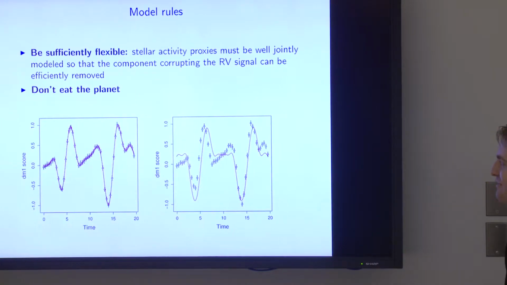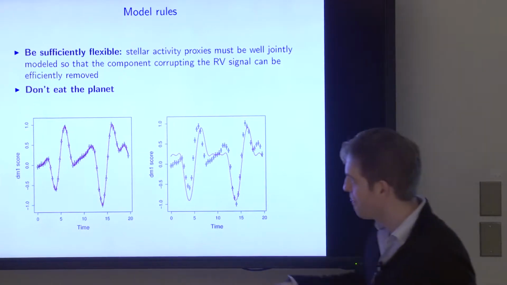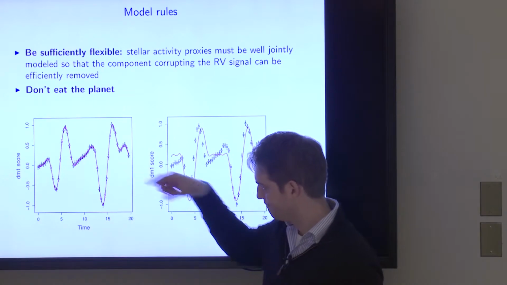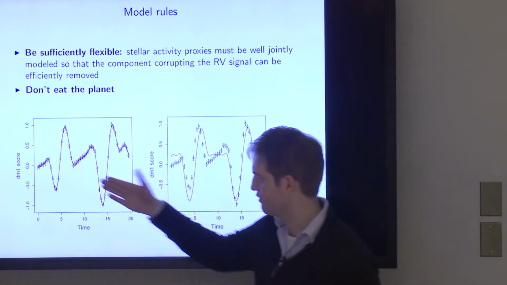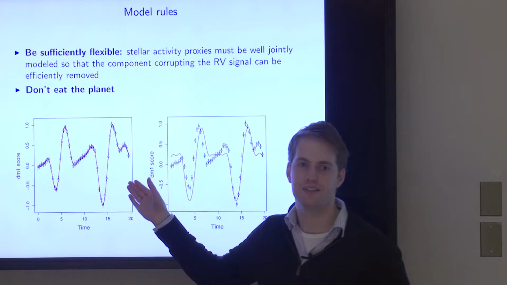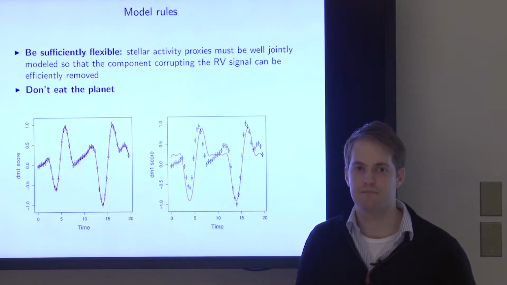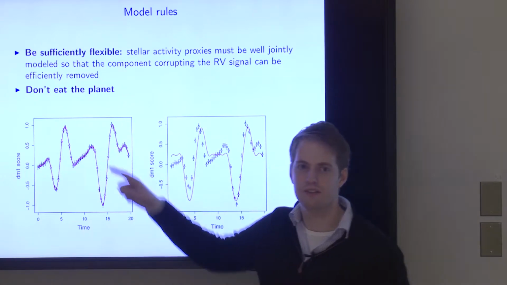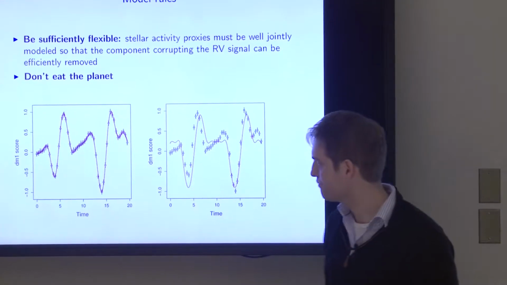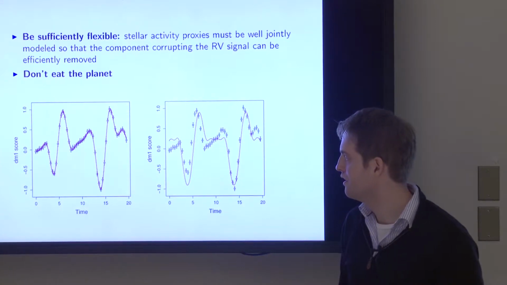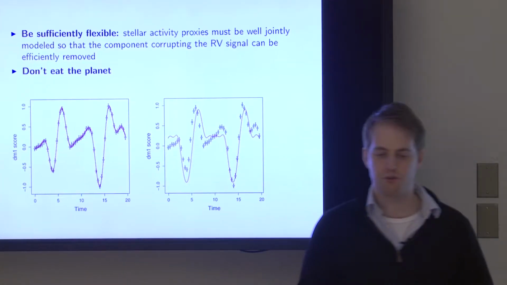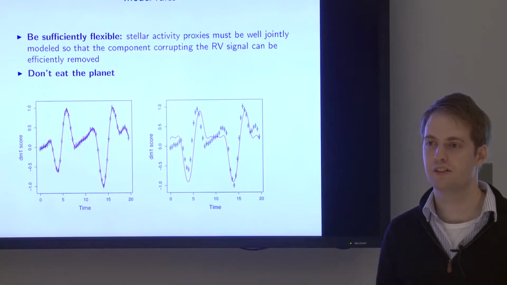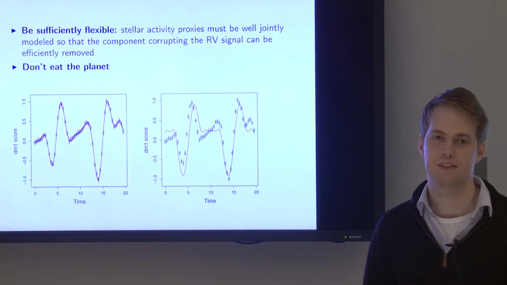So what this means is that, say this is the apparent radial velocity. This is the effect of a spot and a planet. The planet signal is this bit that peaks up here. If our model just fit this, then we would be saying that our model for the stellar activity could fit even if there was a planet in.